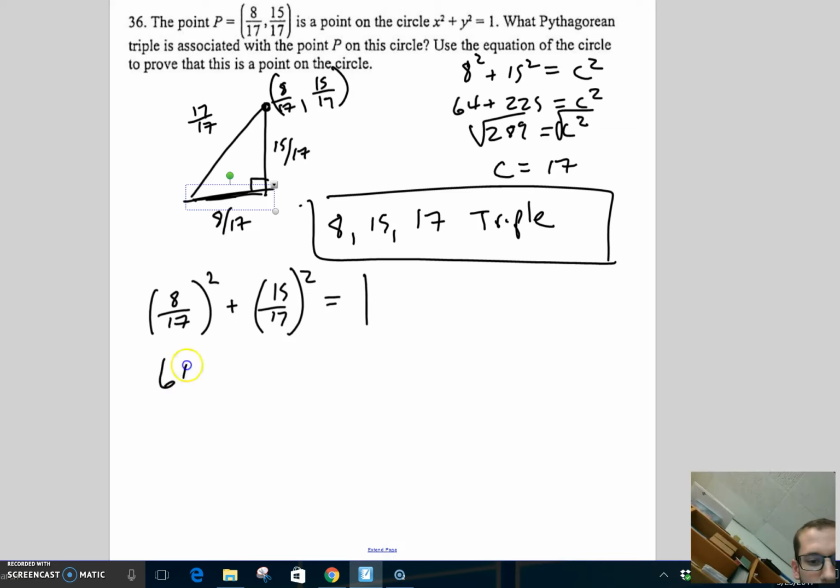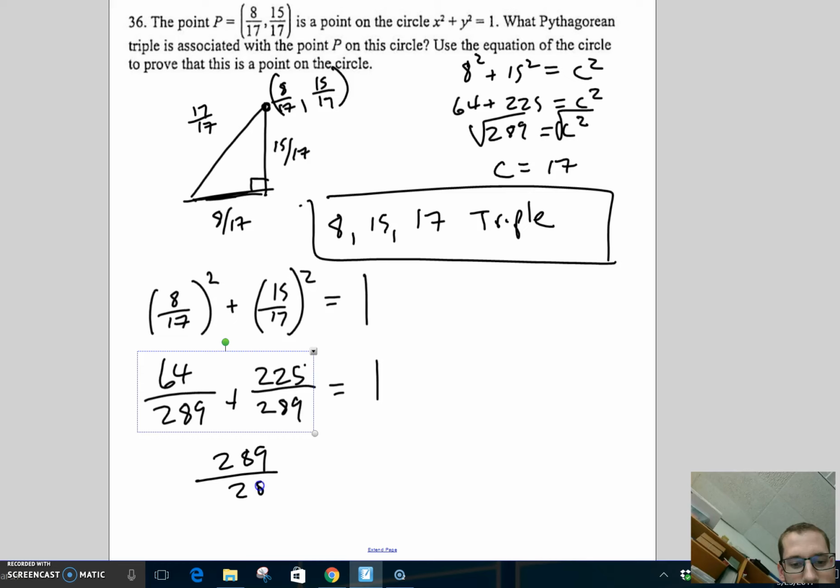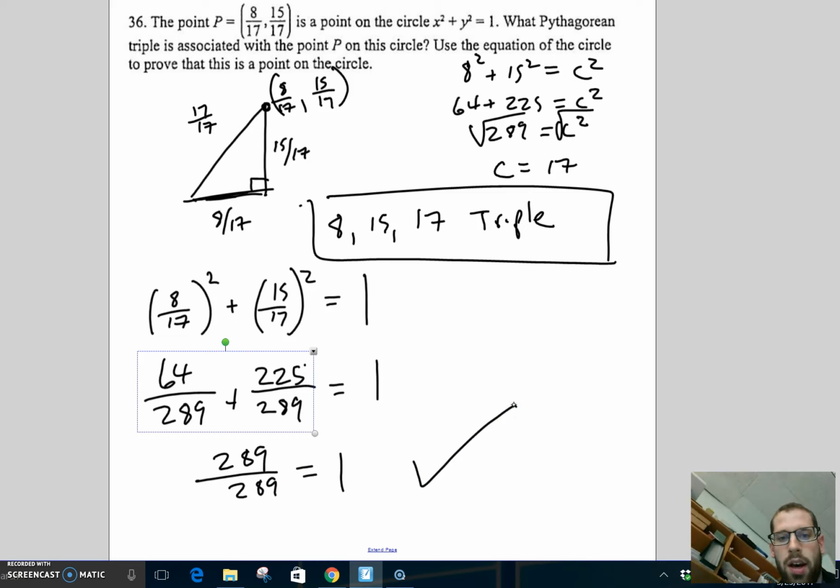So this would become 64 over 17 squared, which is 289, plus 15 squared, which would be 225, over 17 squared, which is 289, equals 1. So when I add 64 and 225, I get 289 over 289, which equals 1, which is true. So the point is on the circle.